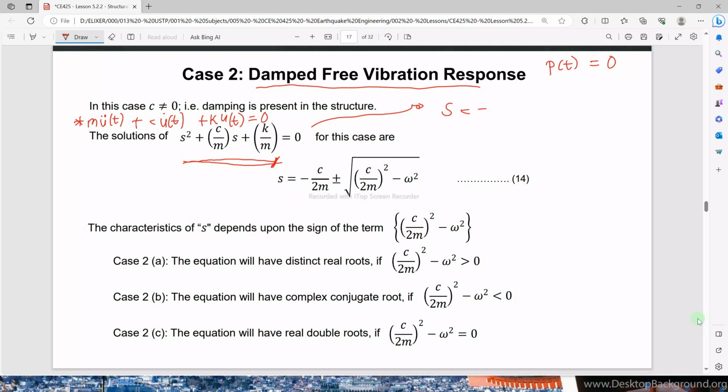S is equal to negative c over 2. Let's recall first the quadratic formula. The quadratic formula is s is equal to negative b plus or minus the square root of b squared minus 4ac, over 2a.